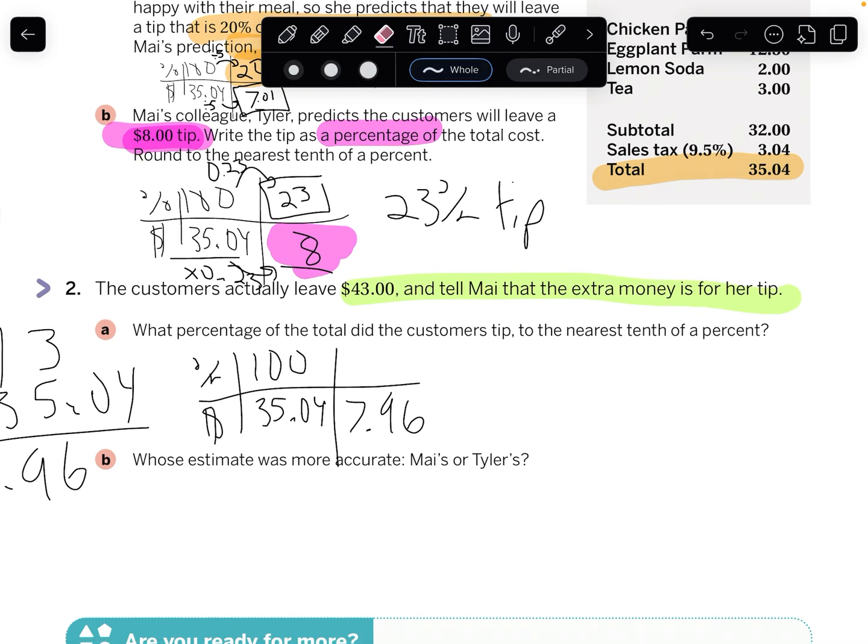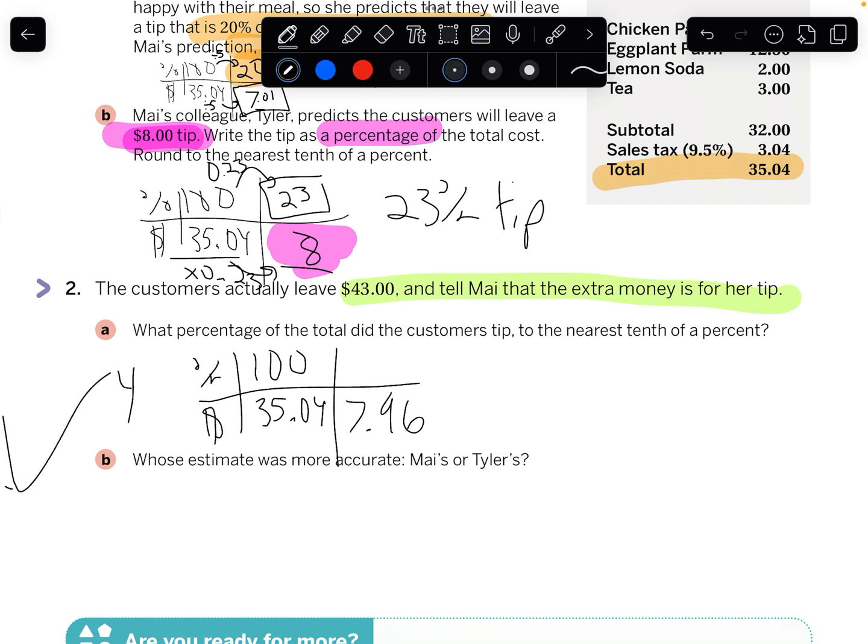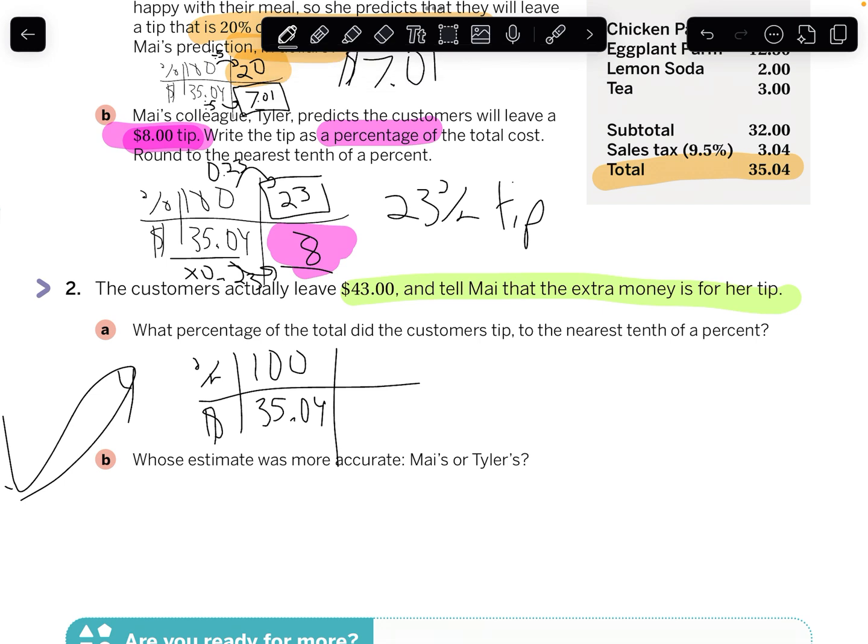Now, if you didn't want to actually figure this part out at all, what you could do is just say, okay, they left 43 bucks. So let's figure out what times 35.04 is 43. So you do 43 divided by 35.04. That's going to be times 1.23 about. I'm just rounding.